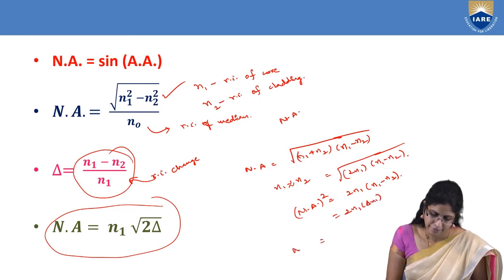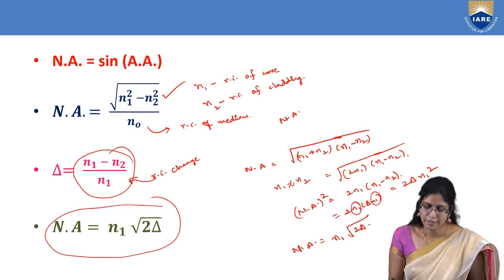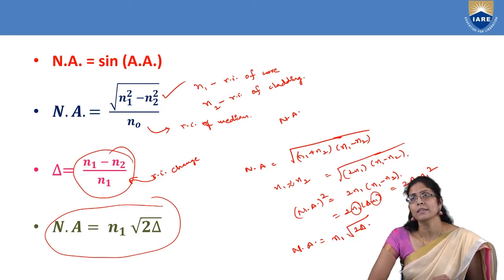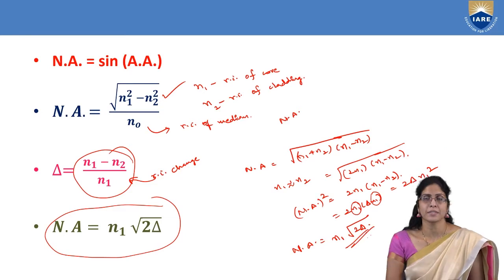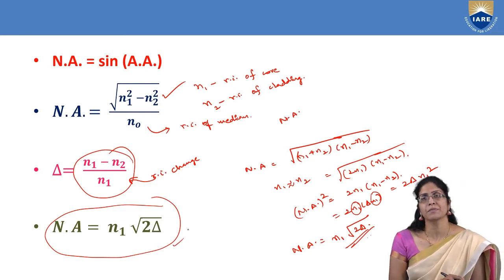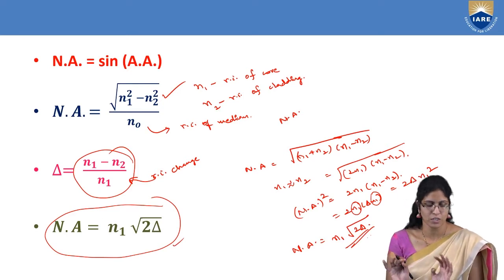So you end up with numerical aperture as n1 into 2 into delta, because this n1 and n1 goes as n1 square. So 2 delta into n1 square. If you take the square root, n1 square will come as n1, and square root of 2 delta will be left. Thus, you get the relation between the numerical aperture and the fractional refractive index change.